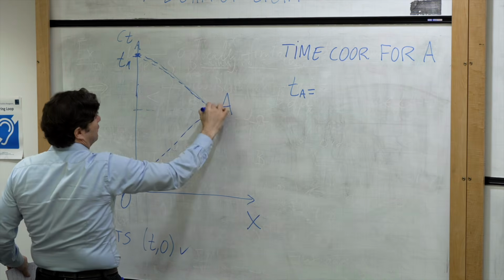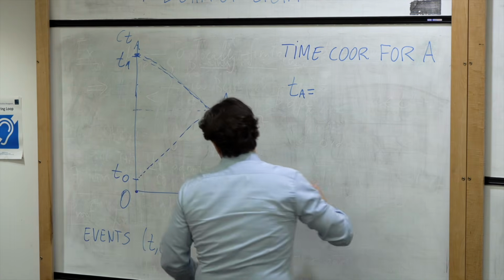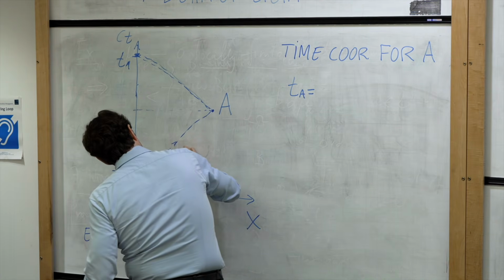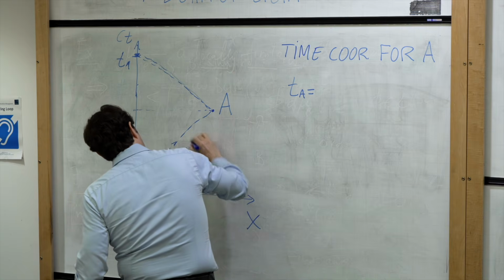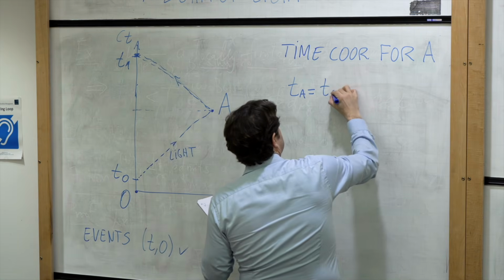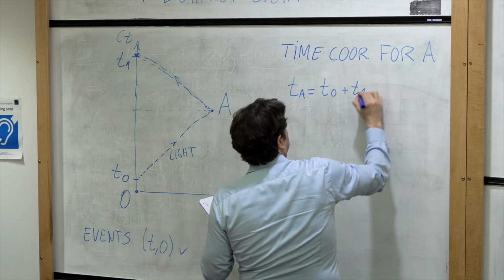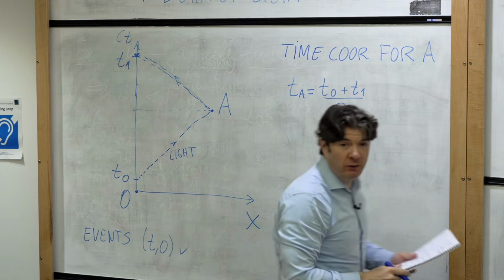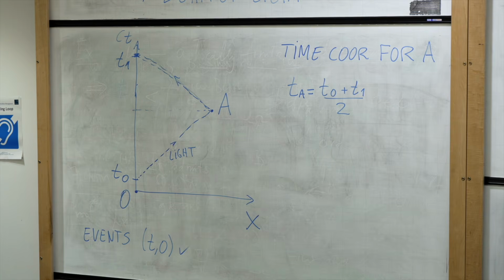This is light, and this is light coming back, so that tA is (t0 + t1)/2. Any questions? That's the time t I would assign to an event if I do this operation.